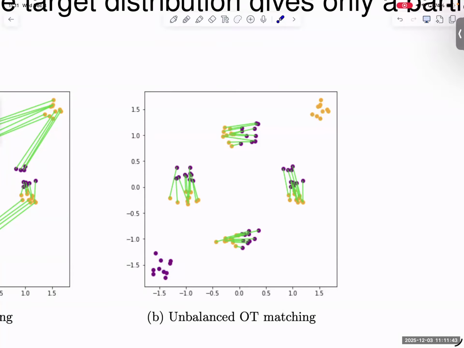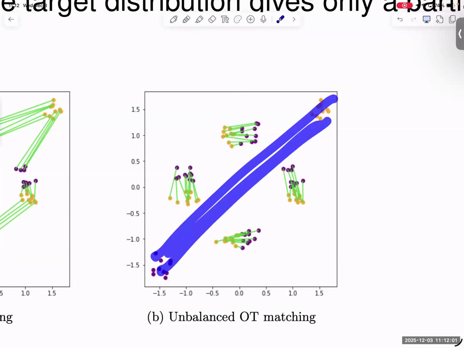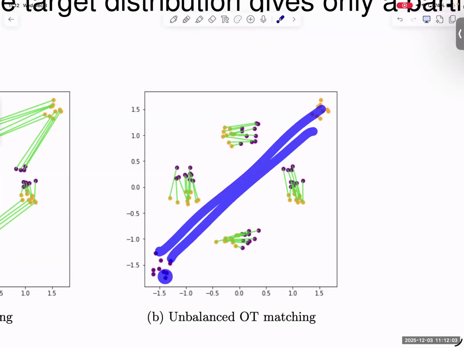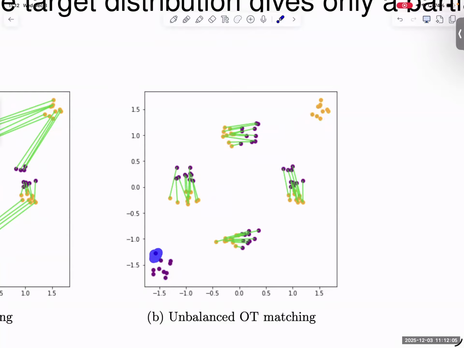Okay, but here, when we draw these arrows, the matching cost is some function of the length of these line segments. But then these are too far away. So matching them, considering this cost from moving here to there, maybe it's not reasonable.